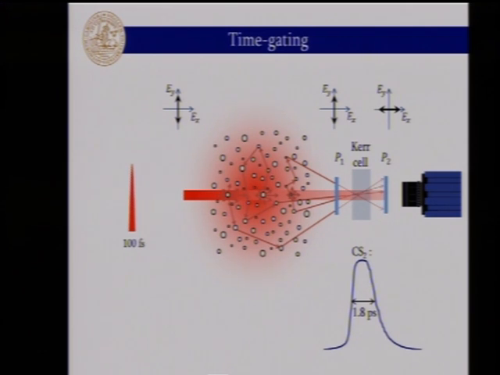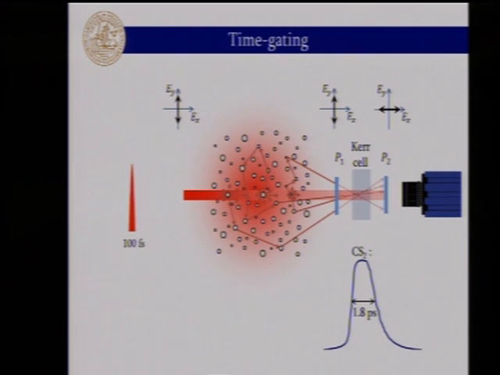You send a pulse of light with a vertical polarization, and just before detection, you have two crossed polarizers. So basically, no light will reach the camera. Now, if you activate this Kerr cell with another pulse, you will create a birefringence effect that will rotate the polarization of the incident beam, and there will be a leakage into the camera.